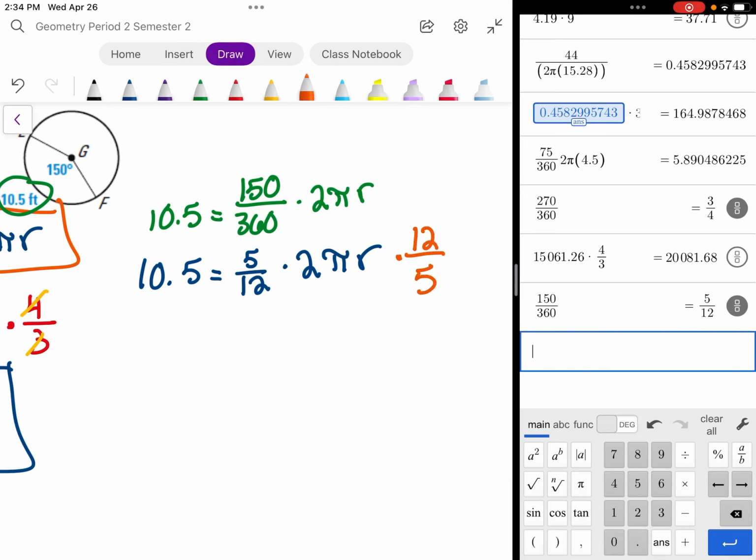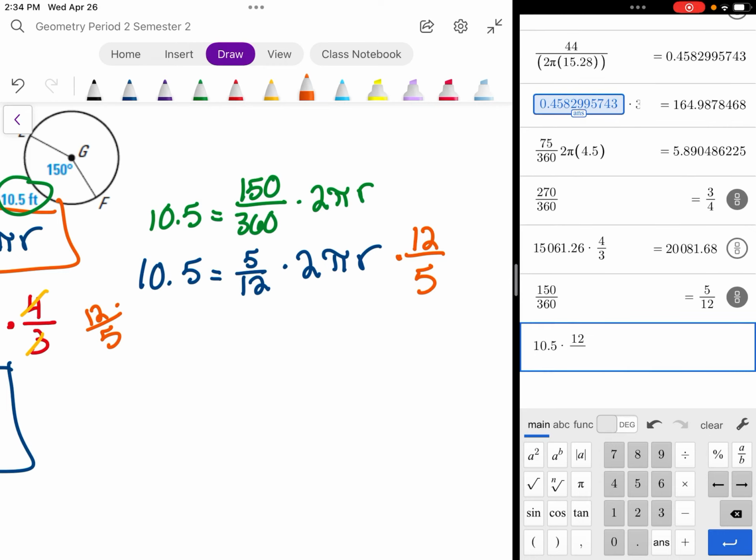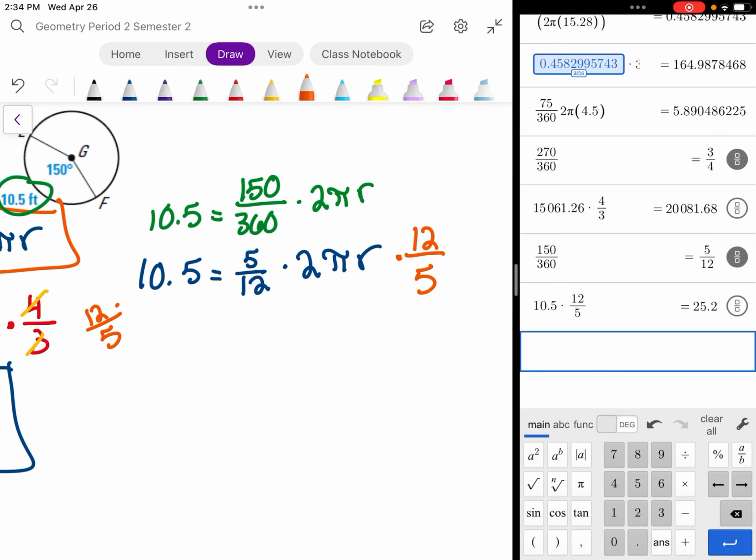So I'm going to multiply by 12 over 5 to get rid of that fraction. And that gives us 25.2 equals 2 pi r.